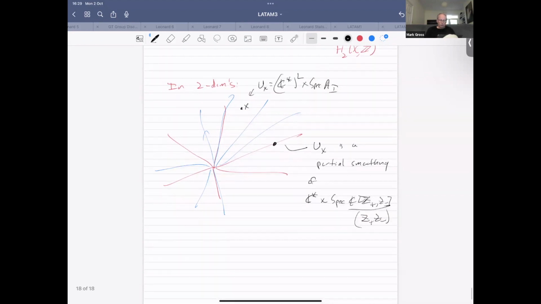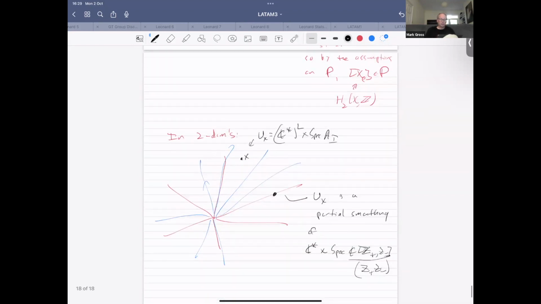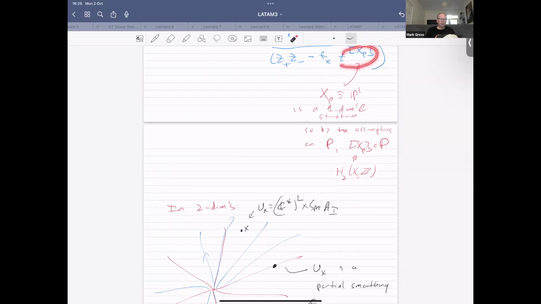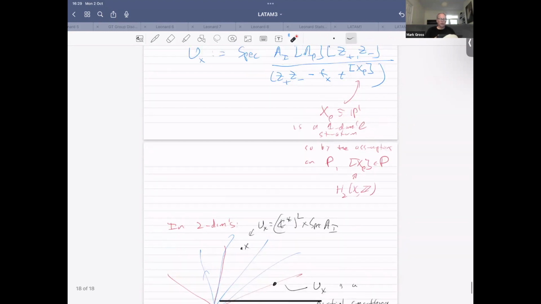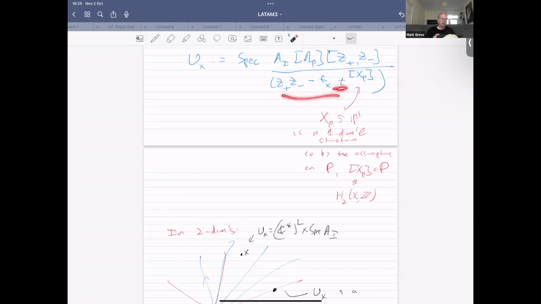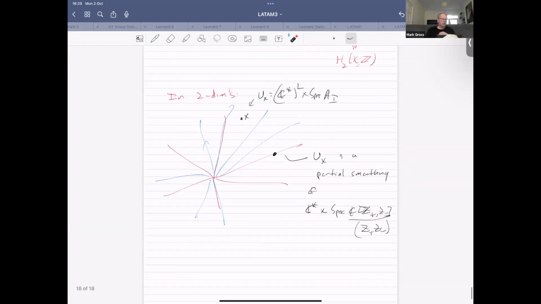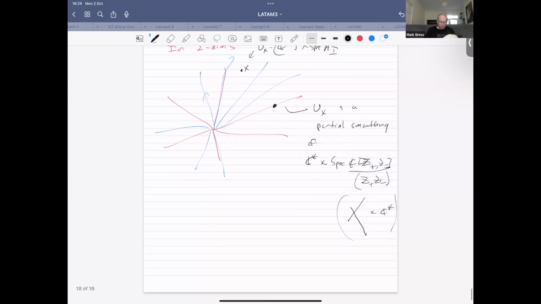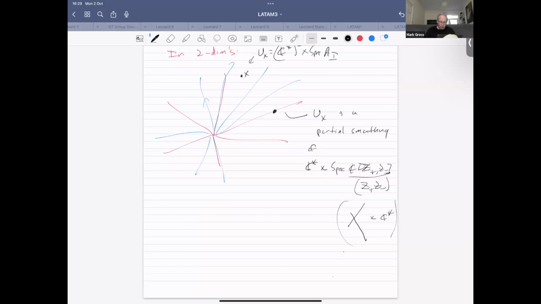Okay, so in other words, if you set this to be 0, of course, f_x doesn't matter. You just get z plus z minus equals 0. And then once this is non-zero, you're getting some kind of partial smoothing. So this looks like some kind of partial smoothing of this cross C star. If you want, you can think of it as a little bit of a smoothing. Let me try to draw it.